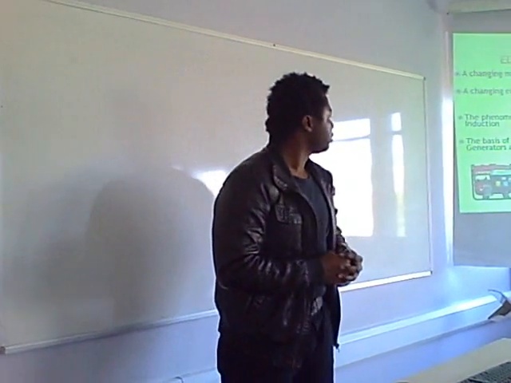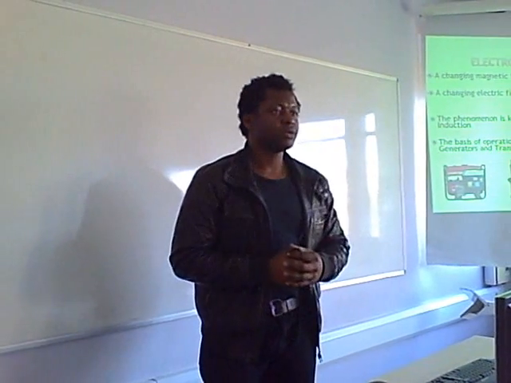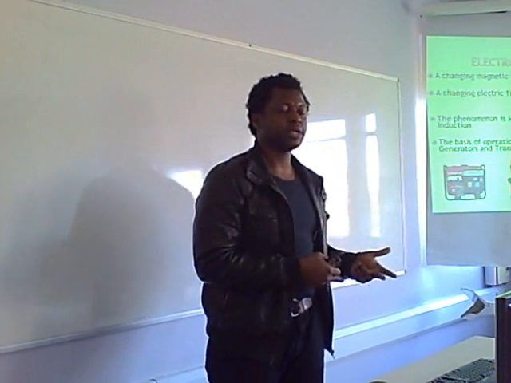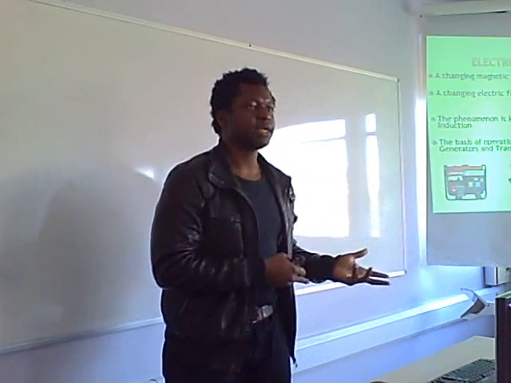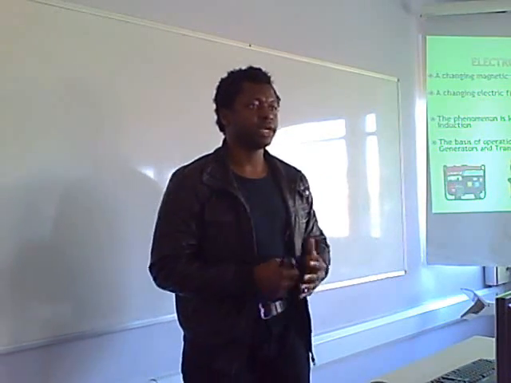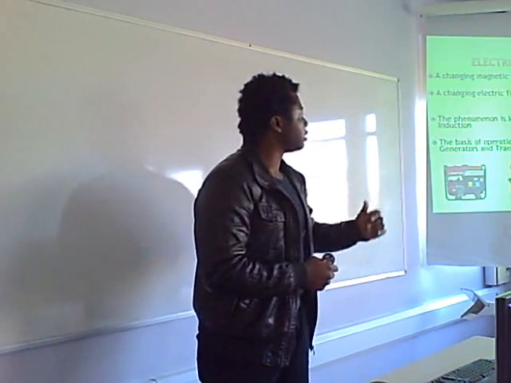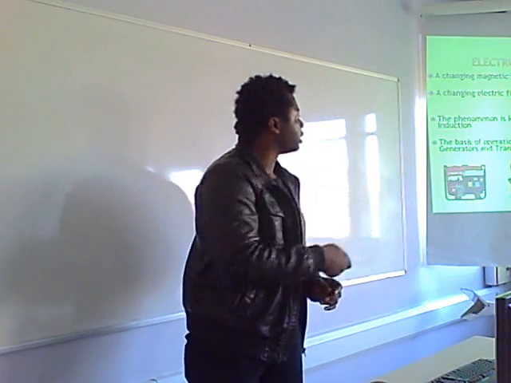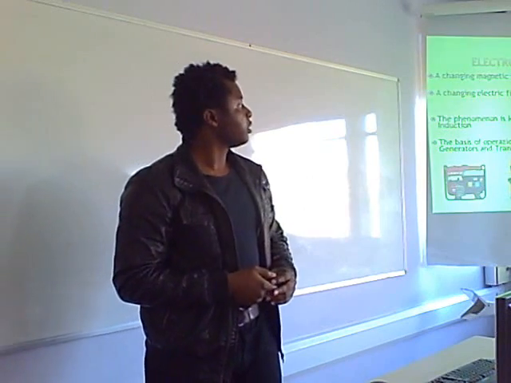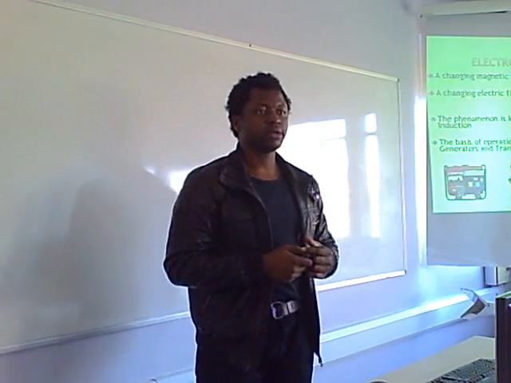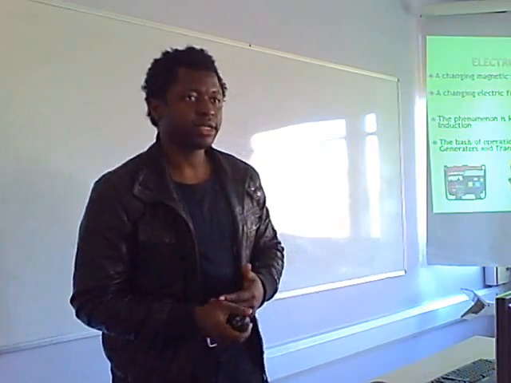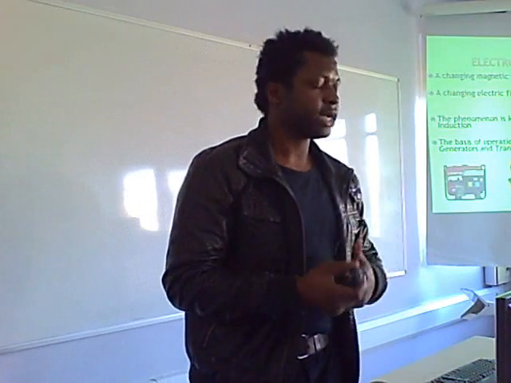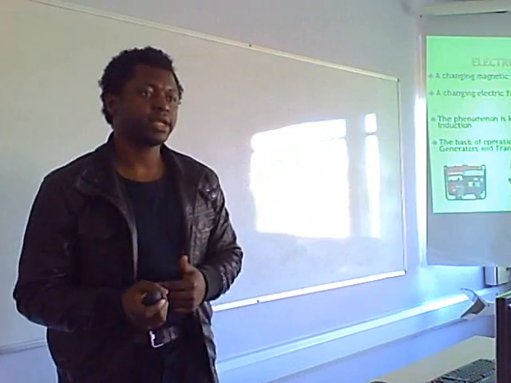The generator, as you may well know, is a device that turns mechanical or chemical energy into electrical energy. Whereas the motor, which is the third image on the slide there, is the converse. It transforms electrical energy into mechanical energy.